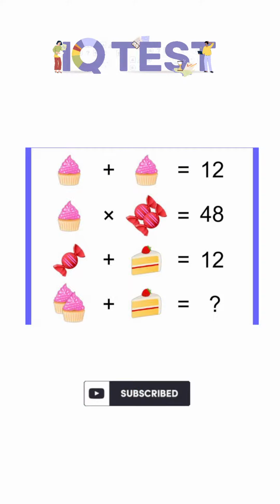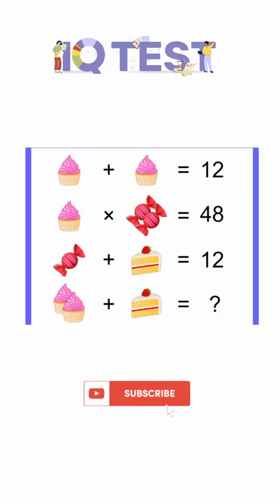The sweet is 4. And then our cake in this case is 8. Our cake is 8. So now that we have the cupcake is 6, the sweet or the toffee is 4, and the cake is 8.